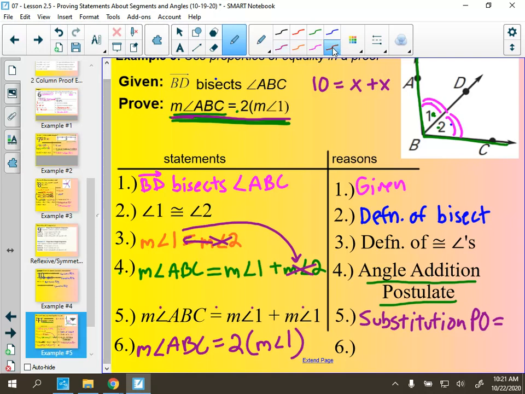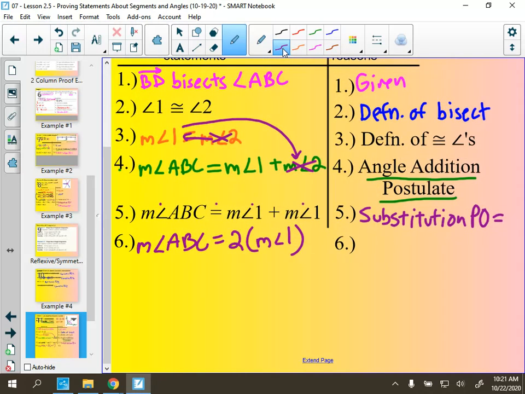So if we were solving that algebraic equation, we would say probably the next line would be 10 equals 2x. What did we do with that? We combined like terms, we simplified it, and that's what we called it actually as far as a justification. So my last step here, going from step 5 to step 6, was we simplified it. We combined like terms. Remember, we said that was an option. You could call it either one. We simplified it. So I think that's definitely how we would want to finish it.